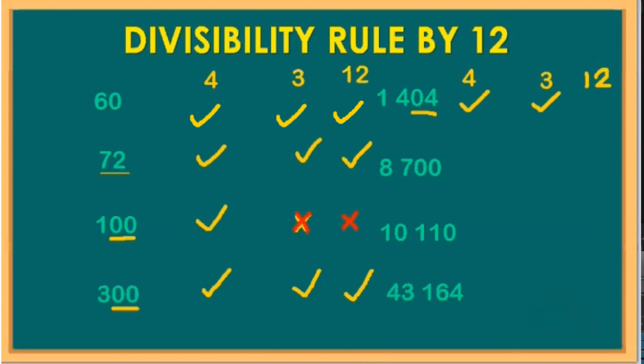So, of course, 1,404 is divisible by 12. Next, we have 8,700. It ends in 2 zeros, so it is divisible by 4. Let us check if it is divisible by 3. 8 plus 7 is 15. 15 is divisible by 3, so 8,700 is divisible by 3. Therefore, this number also is divisible by 12.